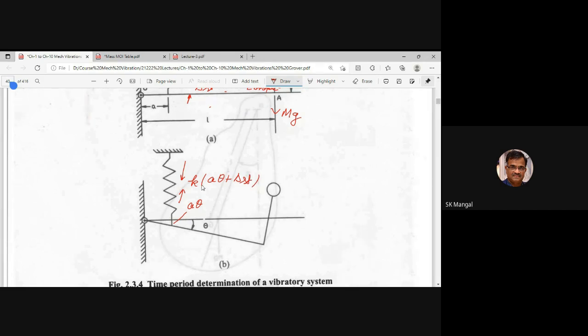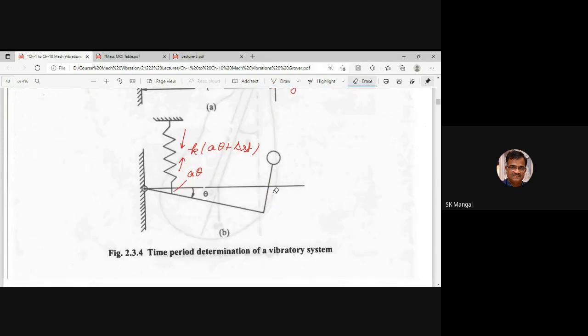Then here, this is your gravitational force mg, and again this will be your theta.